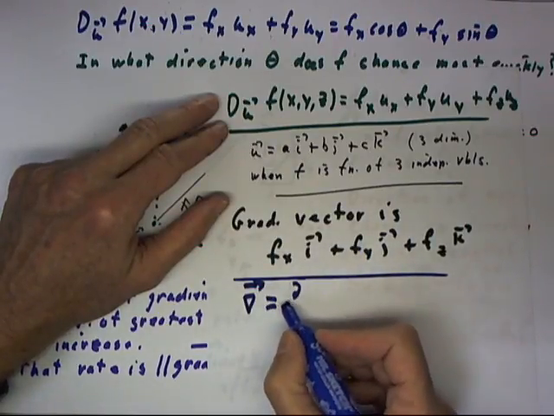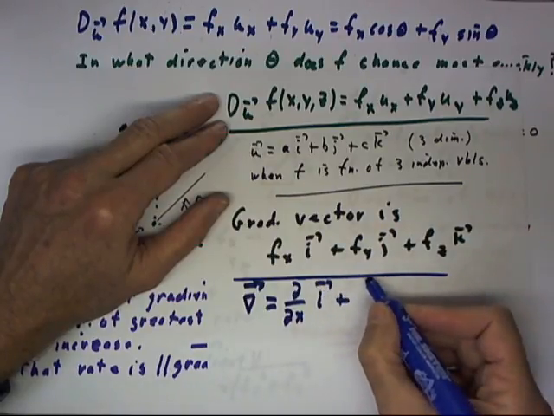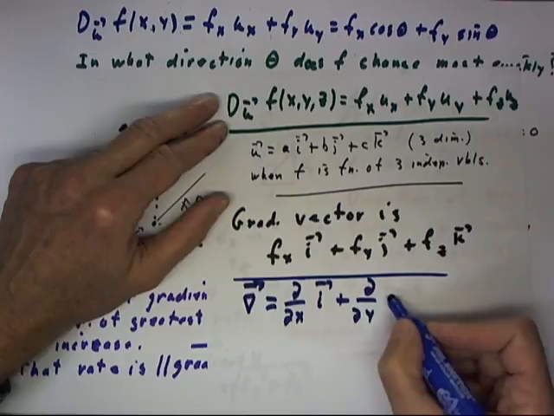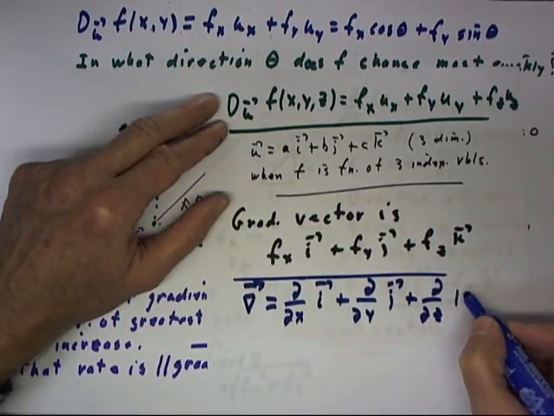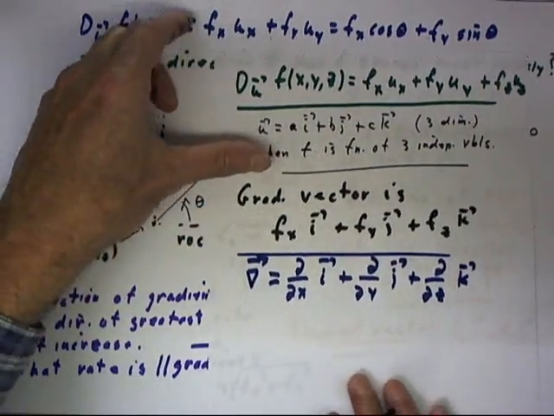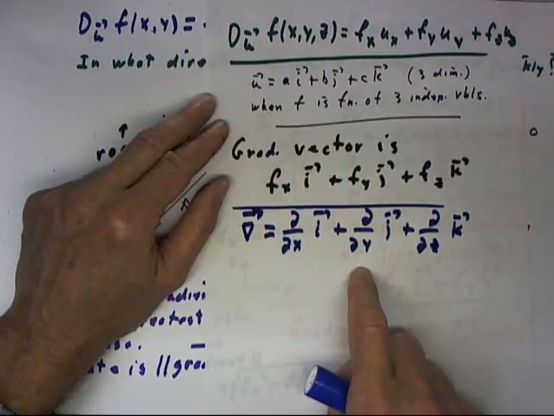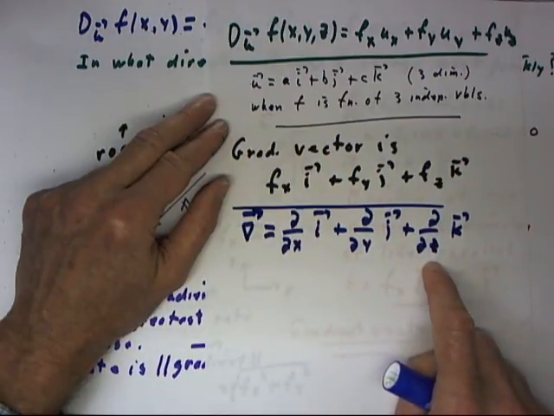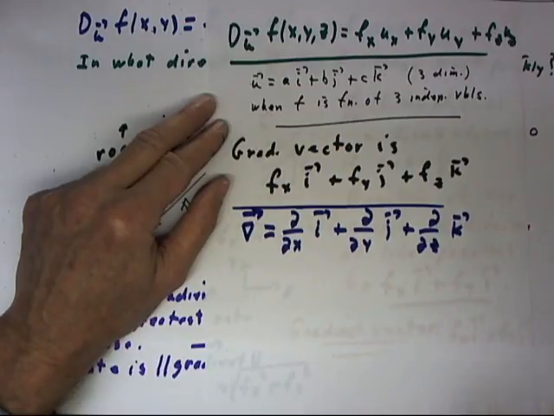And that operator is the partial with respect to x times i plus the partial with respect to y times j plus the partial with respect to z times k. And we probably notice that we have a partial with respect to x and a partial with respect to y and a partial with respect to z, but we're not applying those partials to anything at all.